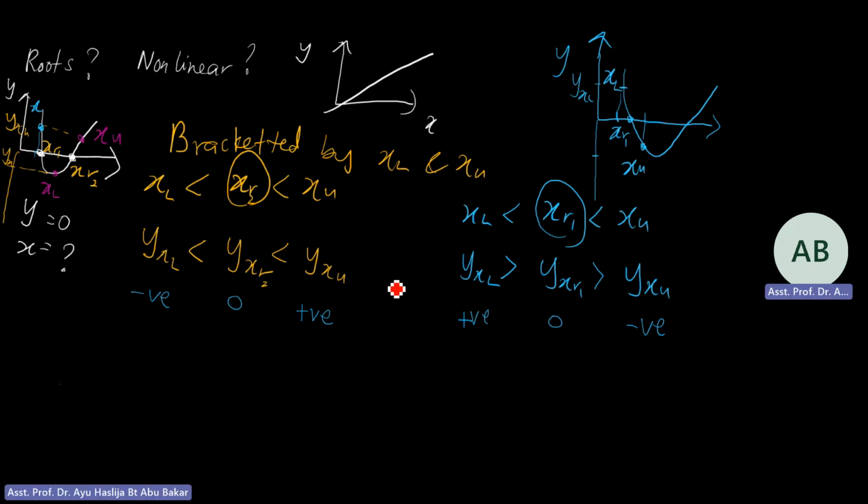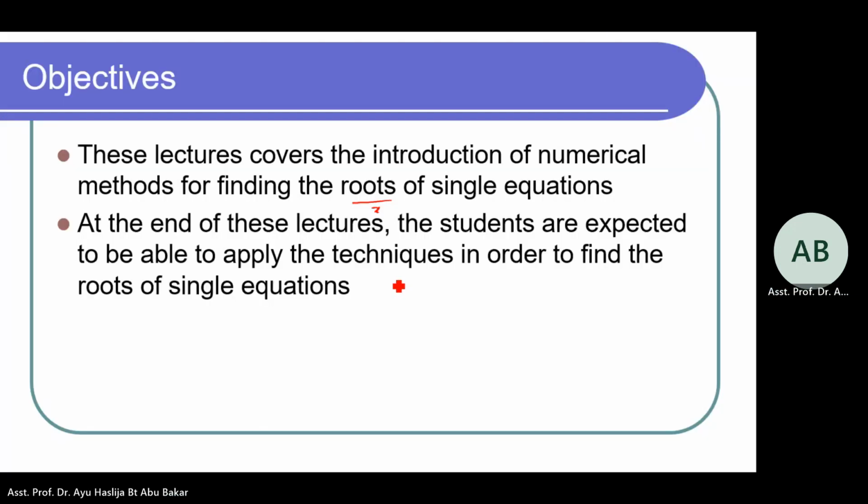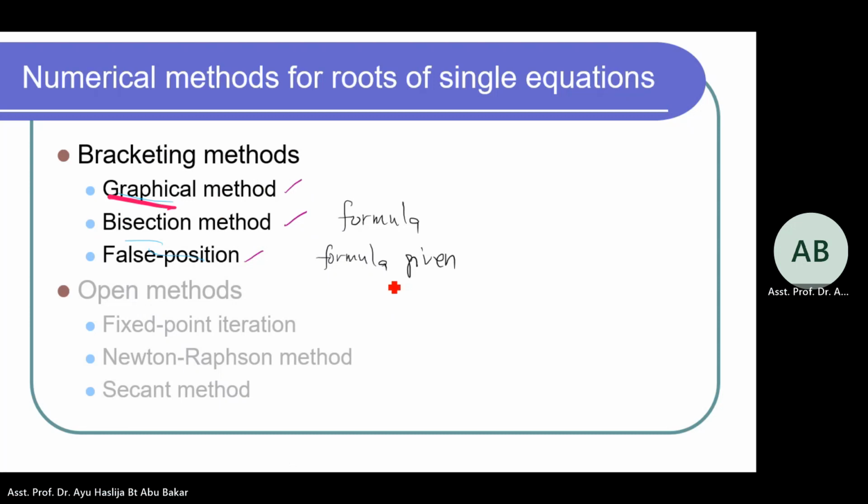We have bracketing methods and open methods. Under bracketing methods, we have the graphical method, the bisection method and false position. For graphical, later on you will be introduced to plotting the graph to find the root.